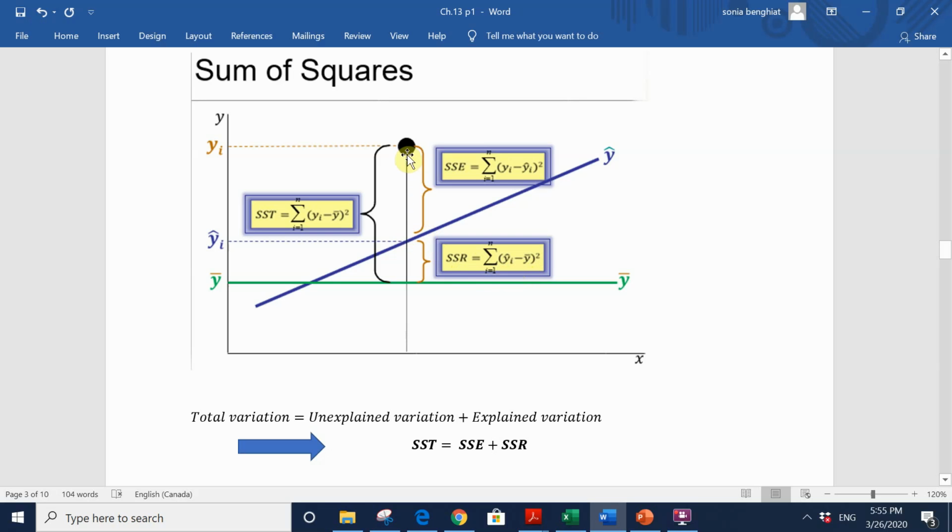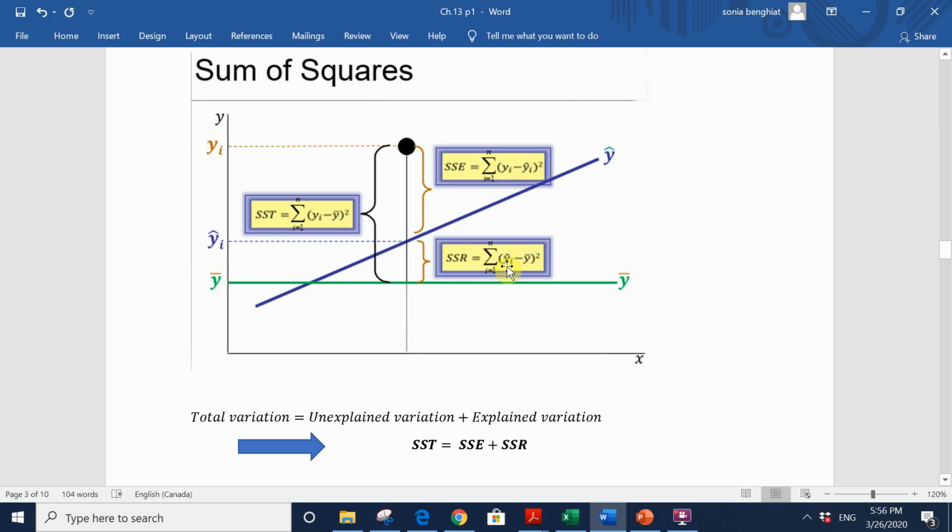So for this x value right here, I have a corresponding observed y value. I would also get a corresponding estimated, expected, or predicted y value. We call this y value y i hat. We've seen that notation before, and here it is again.